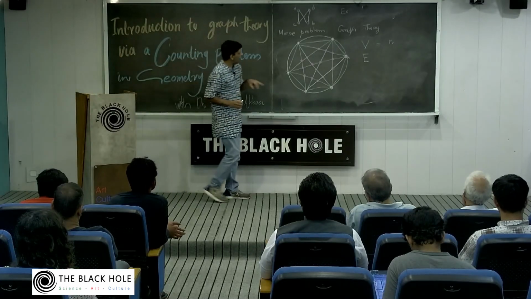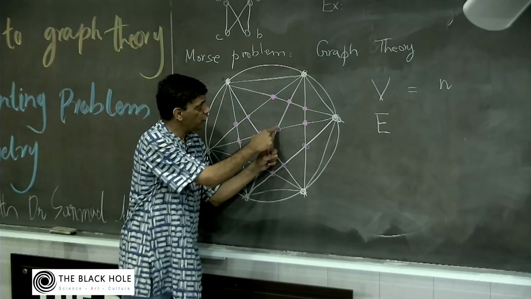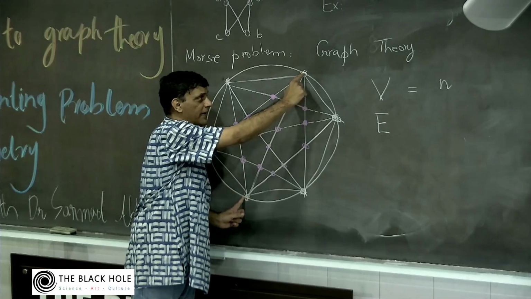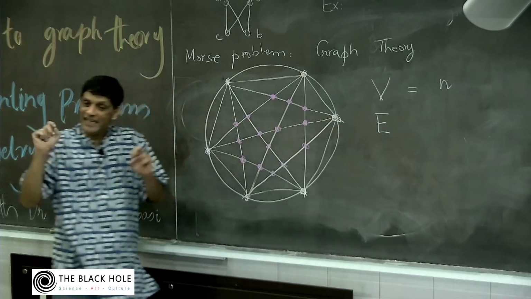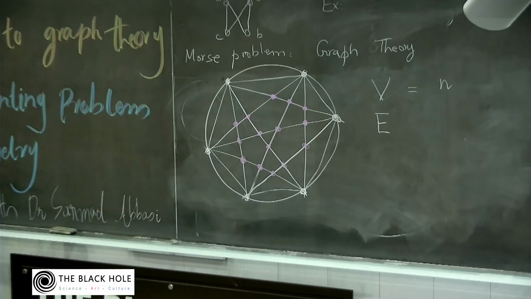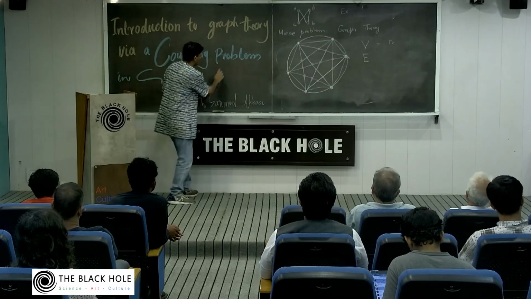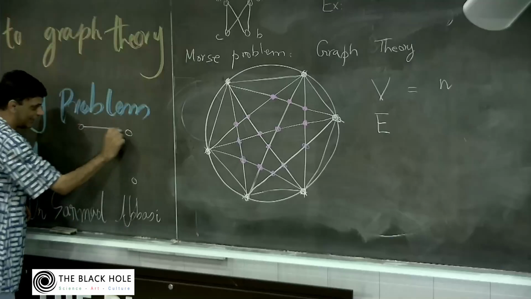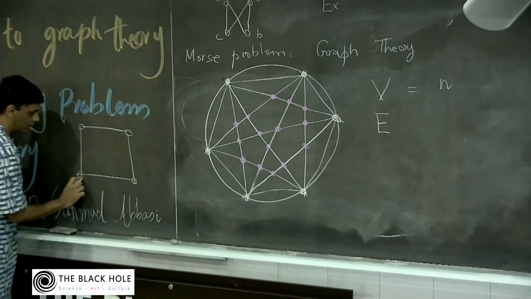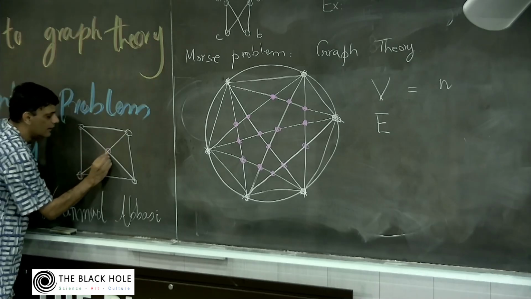Here's the observation. If you look at a purple vertex, when you go in this direction, you get to a pair. And when you go in this direction, you get to a pair. So each purple vertex corresponds to 4 white vertices. In other words, if you have 4 white vertices and you connect them, you get a unique crossing.